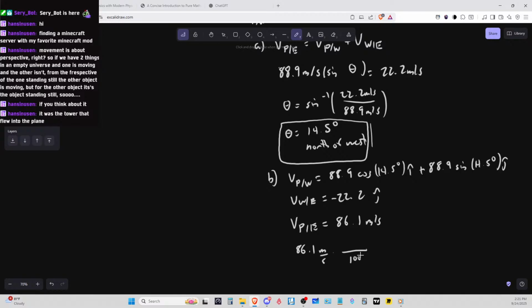Now if you convert that to kilometers per hour, so we have 1,000 meters, it's supposed to be meters, and 1 kilometer, and for seconds, one hour.